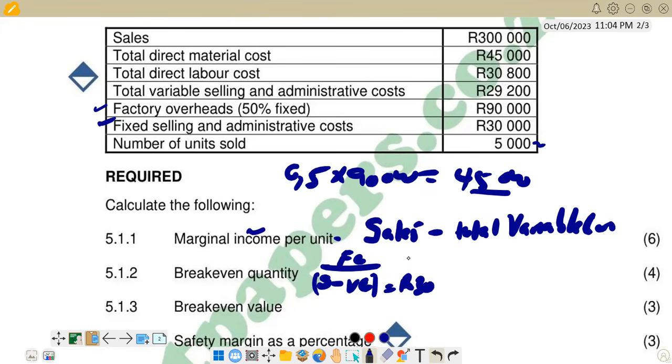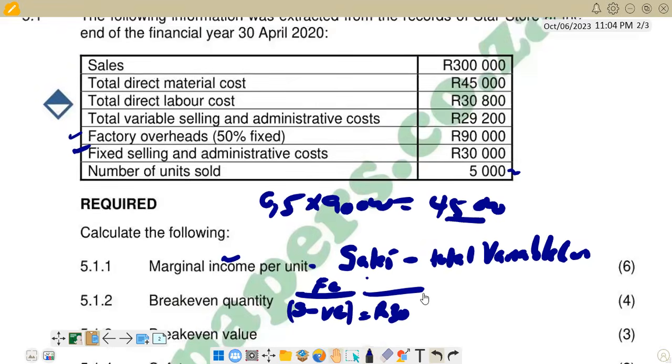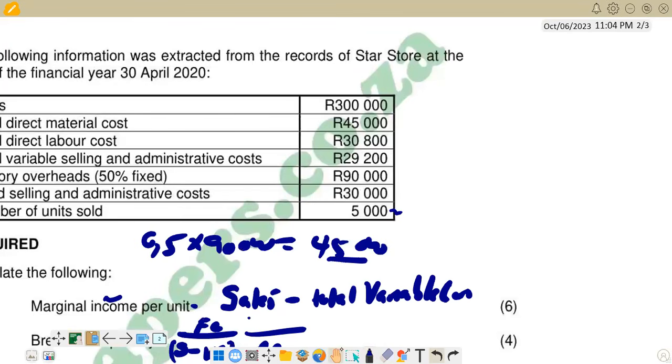So we want now to find the fixed cost. If you come here, our fixed costs are here. We've got fixed selling and administration, which is 30,000. So we have 30,000 as our numerator there. Then we add this 50% that was said to be fixed, out of 90, so it's 45,000 again here. That is fixed.